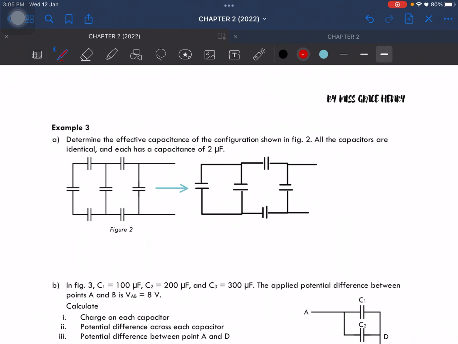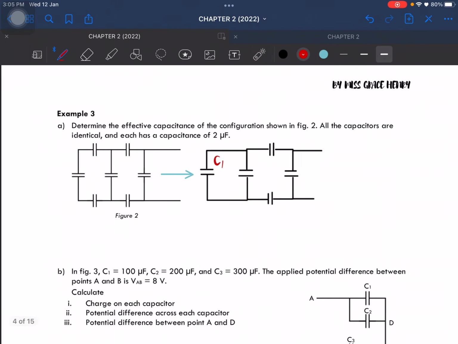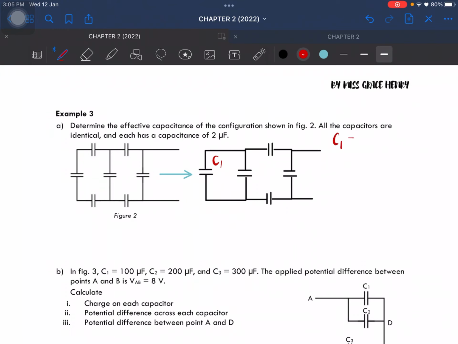So this is going to be our C1. This is a series circuit. So for a series circuit, this is 1 over 2 plus 1 over 2 plus 1 over 2, all to the power of negative 1. So that is 1 over 2 plus 1 over 2 plus 1 over 2, 1 over that.